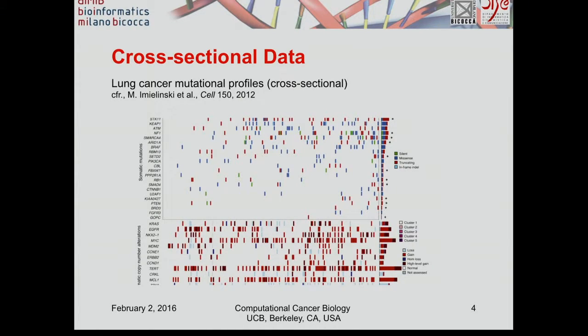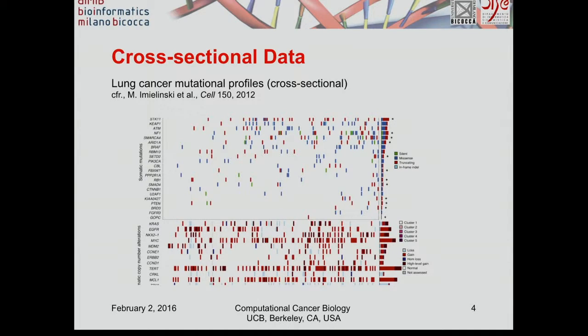Now, the problem that we started looking at was, suppose that we want to describe what a process of accumulation of different mutations, different alterations looks like. What kind of data do we have around? It turns out that most of the data that is around is cross-sectional data.